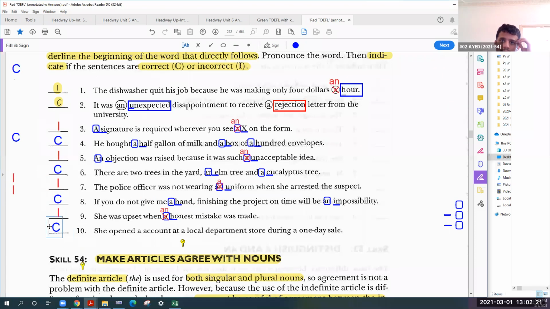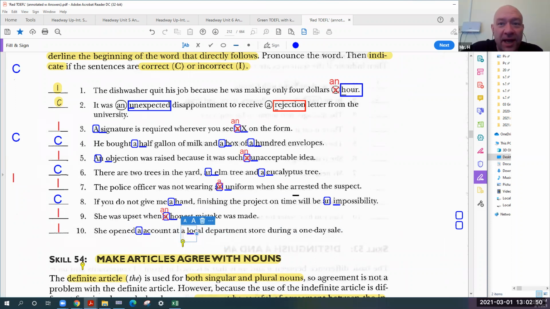I think it's correct. Sure about that? Yes. You just lost marks in the TOEFL. I forgot. An account. Gotcha. There's the problem right there. Now this one is okay. A local, right? That's okay. What about this one? Also okay.